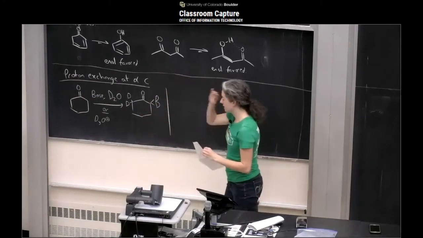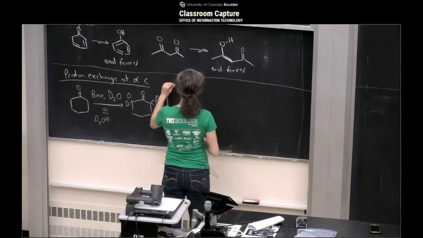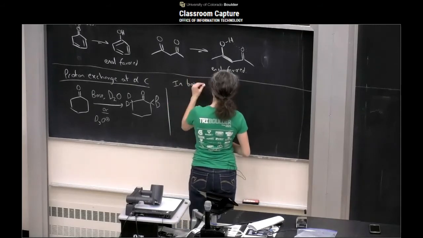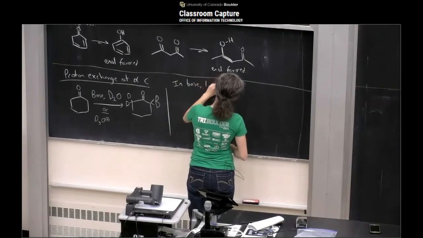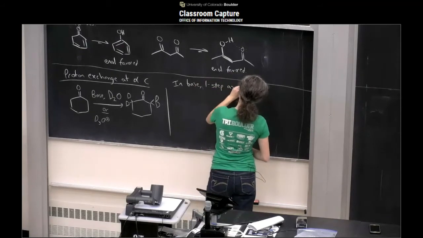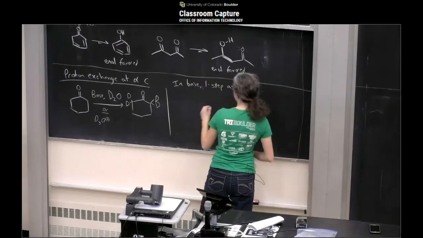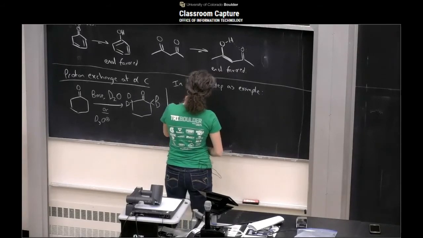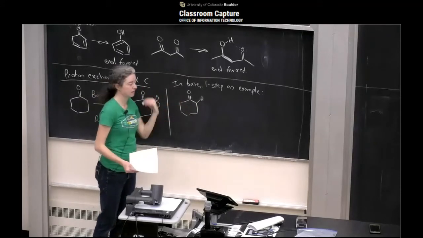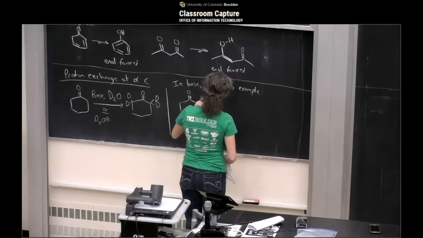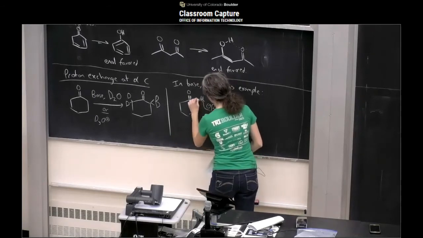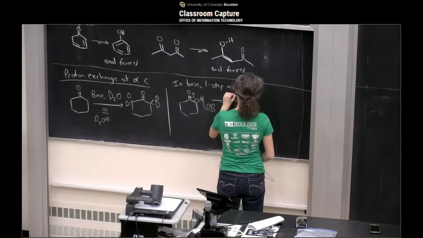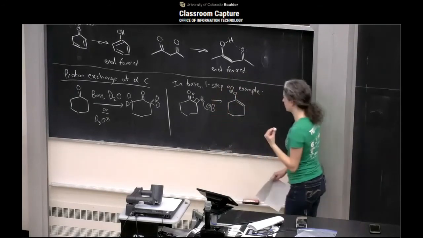So it's the same reaction happening 4 times, but as an example of how one step of this might look, let's pick this alpha H on the right and pull it off. We make the enolate temporarily.